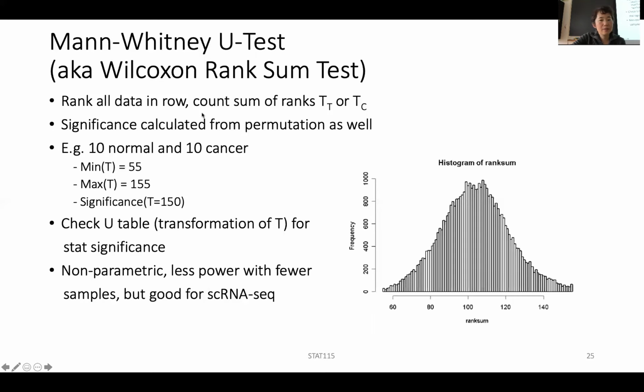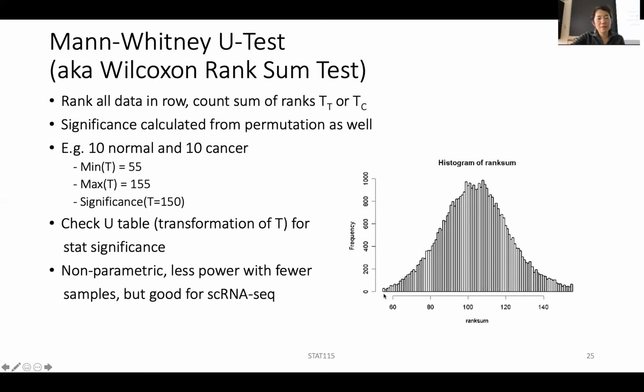Then you rank all of the cells together, and look at the sum of the ranks of all the cells in the one cluster, be it treatment or control, and compare with the sum of the ranks of the cells in the other cluster. And the significance is calculated from permutation.